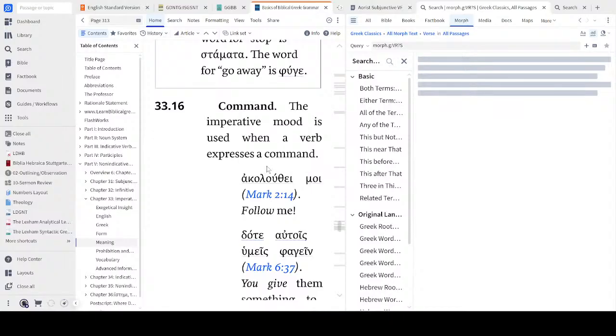It goes on: the imperative mood is used to express a command. So this is something that I am commanding someone else to do. It's not optional.